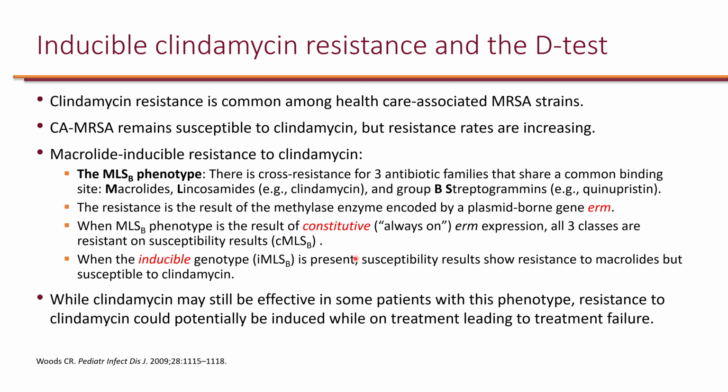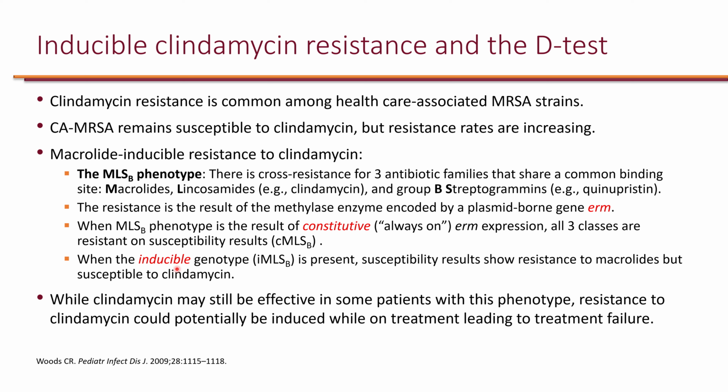Now the other thing that can happen is inducible. So maybe this gene is not always on in Staphylococcus aureus, but maybe it will be induced when you use one of these agents. Okay, and most likely if it's inducible, it can easily be induced by macrolides. It may take longer for clindamycin to induce this, and essentially all these have the same binding site, and that's why there is a cross resistance and the same mechanism.